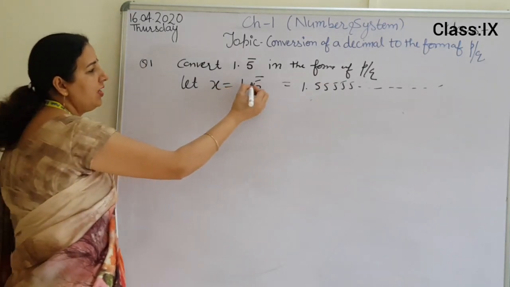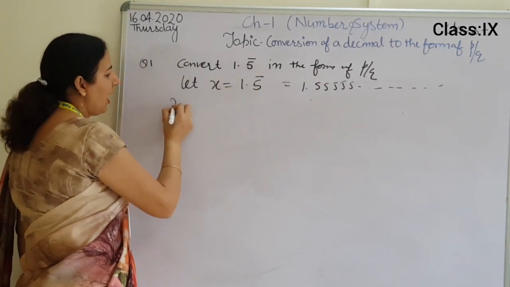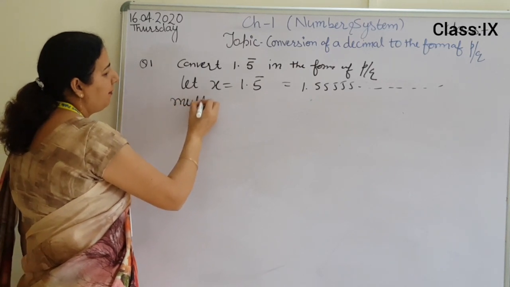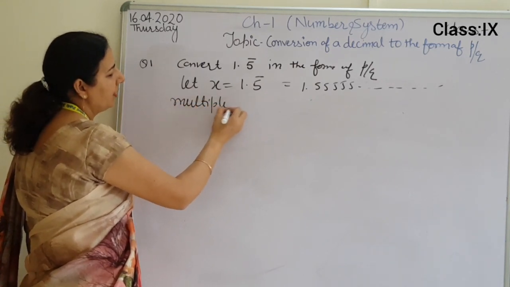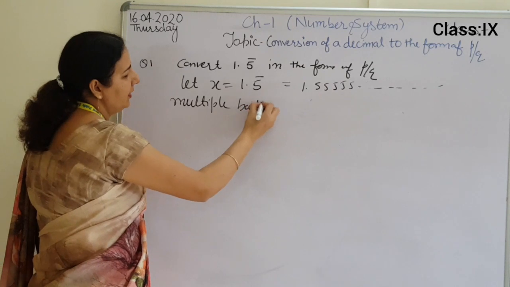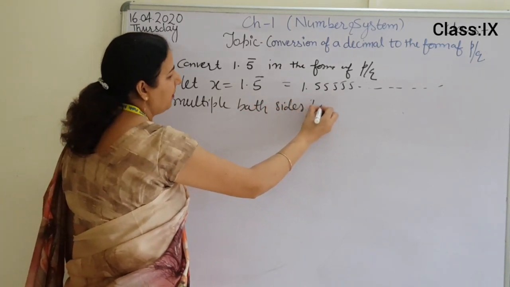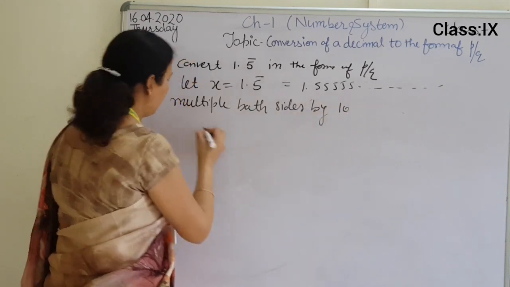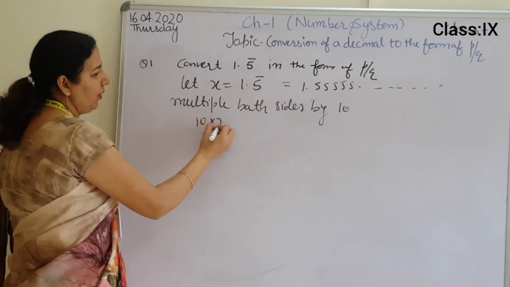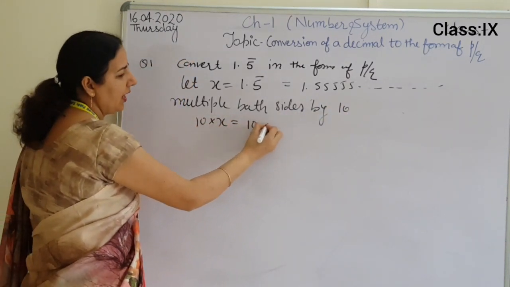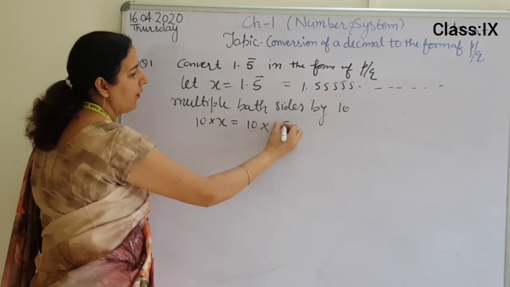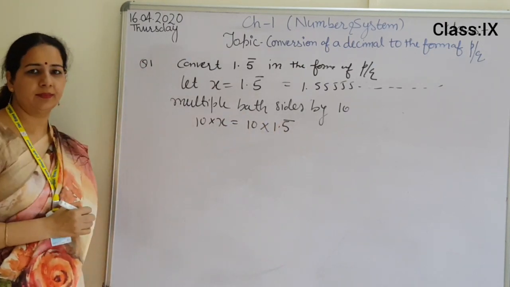So here the bar is on one number, so I will write: multiply both sides by 10. Then 10 into x is equal to 10 into 1.5 bar.